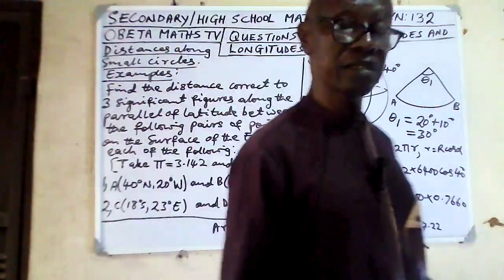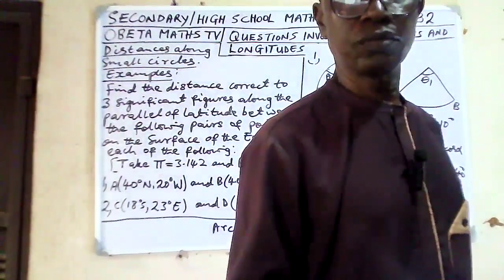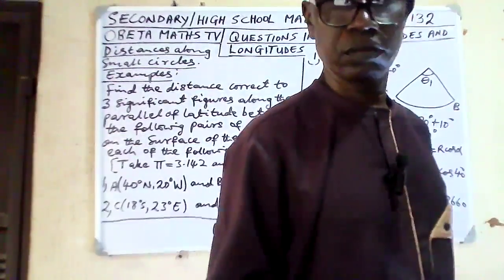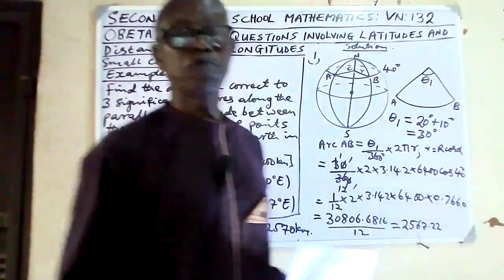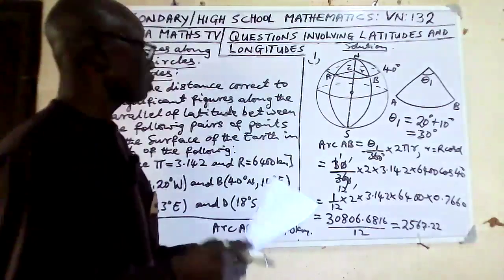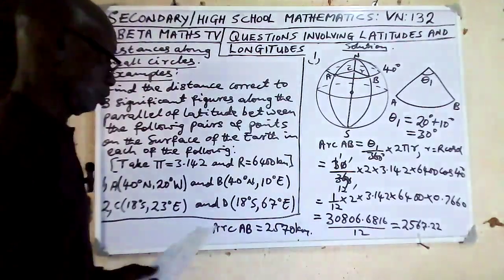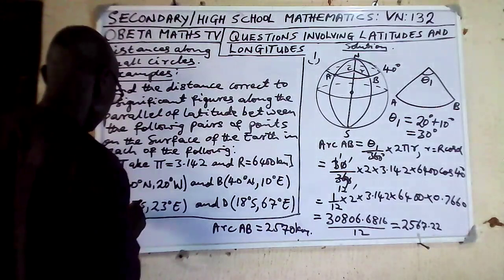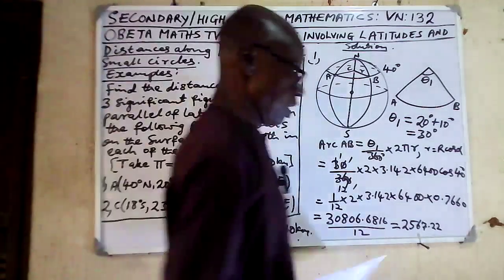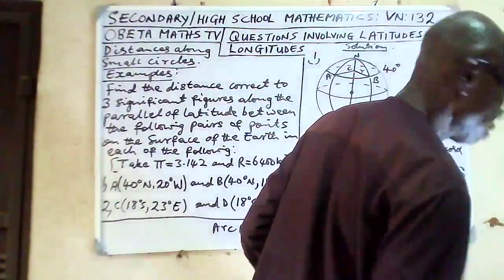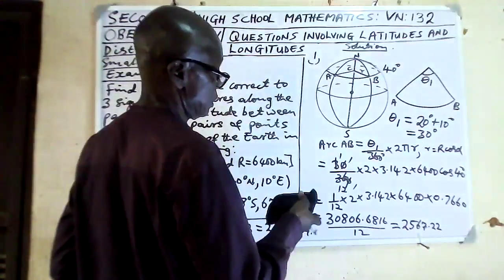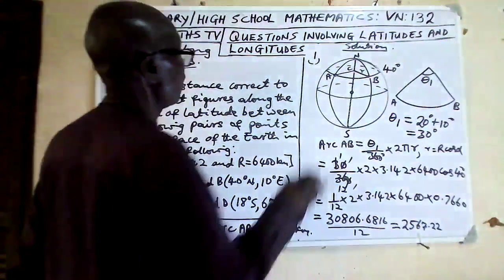That is about that. So moving on, we are now going to question number 2. We are finished with number 1. Question number 2. So we have to clean this, and we have gotten our answer.